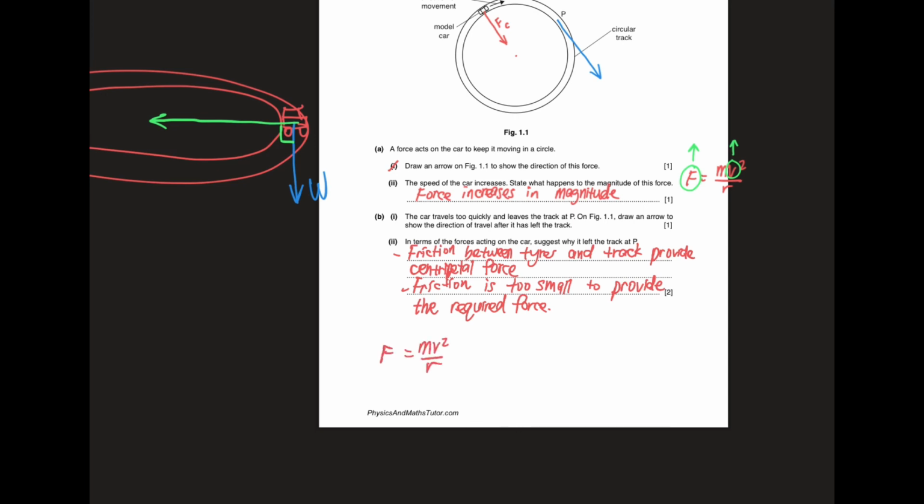You know, when the car is moving faster and faster, right? F equal to mv square over r, right? When the car is moving faster and faster, the centripetal force is higher, but the friction is not enough to provide this centripetal force, and then it will run out of track already and run out of circular track.